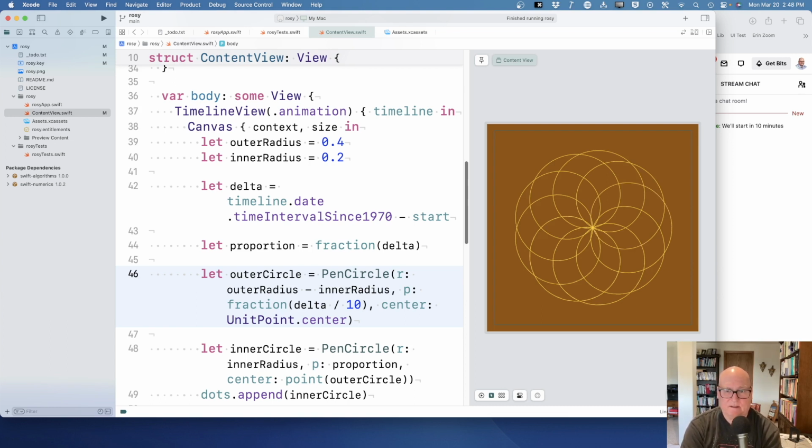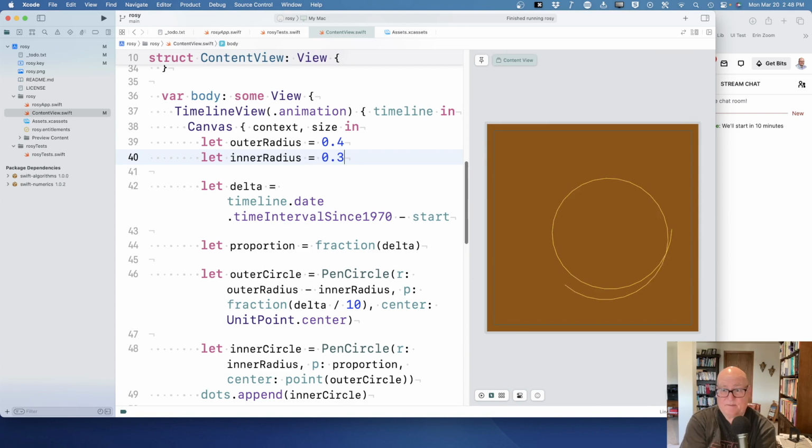I mean, they're interesting. Okay, let's try inner radius bigger than outer radius. Bigger than half. It's going to be a little awkward, I think, but interesting.